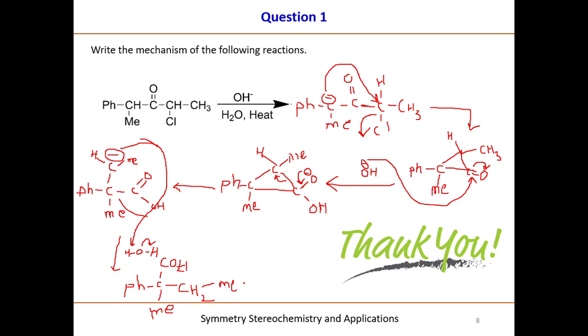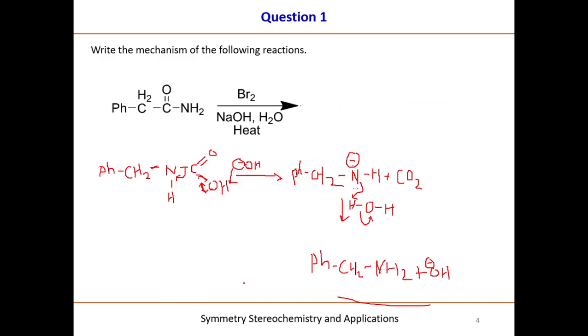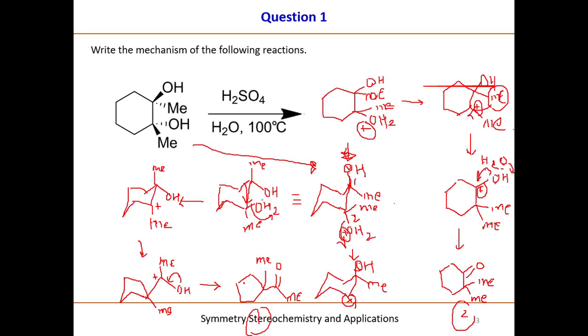So we will here summarize today's lecture for your better understanding of what we have done. So we have done several questions based on the rearrangement reaction. The very first question was here. The mechanism of the following reaction was asked in this assignment question.